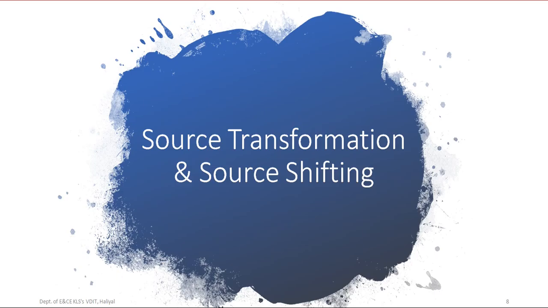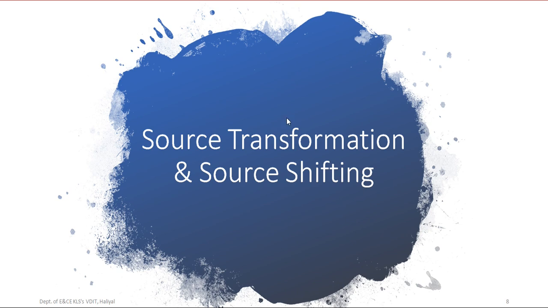Now we will go to the next topic of interest, that is source transformation and source shifting. Based on these things, you will get many questions in the examination also, and it will help the things in a better way.